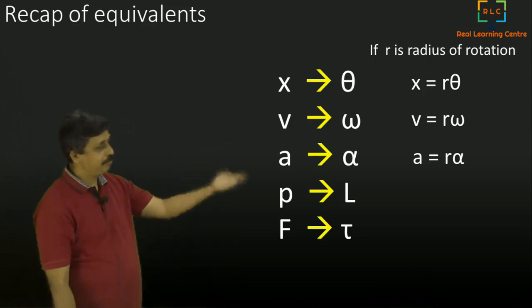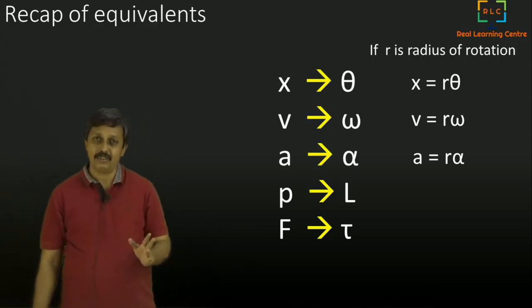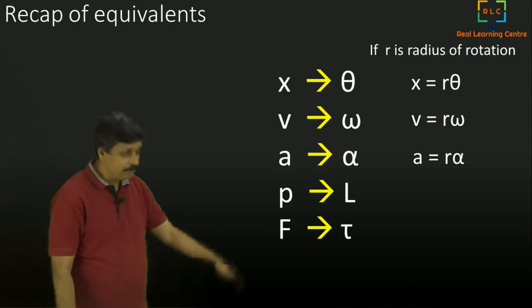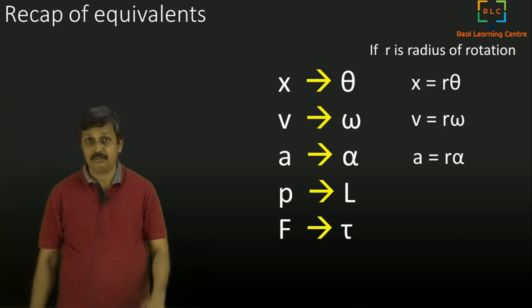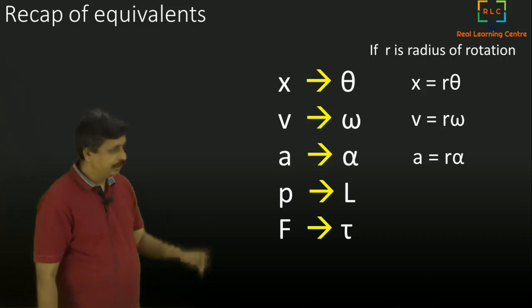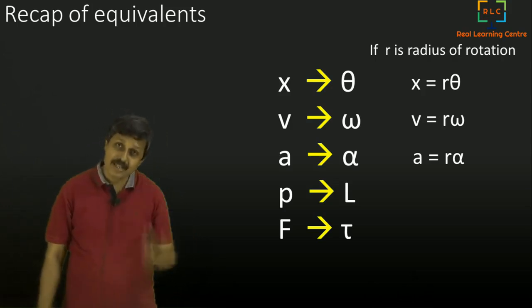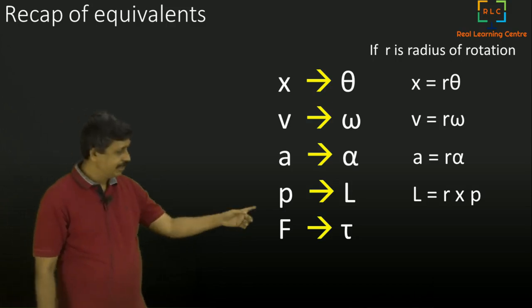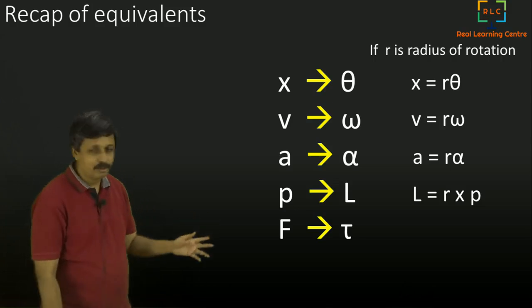Like that you can simply multiply by r and get all the linear equivalents. However, here you can't simply multiply. P is not like L times r. It's not correct. So in the case of angular momentum, or a moment of a force, we have a different form. We know that L is equal to r into p, that means my arm length into p.